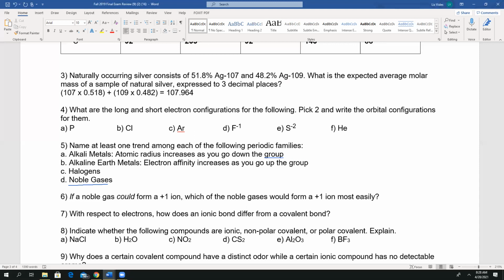I'm going to do all increases because it's just easier if you're constant. The halogens, I'm going to do, oh, you know what? Let's not do electron affinity. Let's do ionization energy here. It's still the same, but you'll see why I'm not. Okay, there we go. Okay, for the halogens, I'm going to use electronegativity.